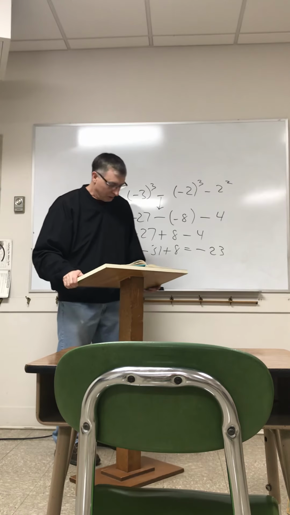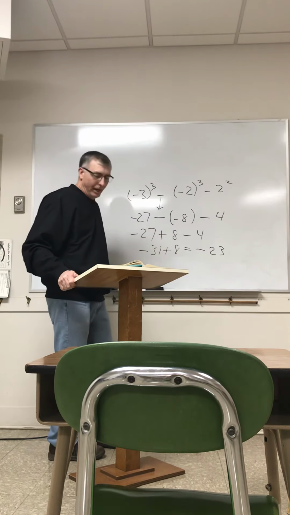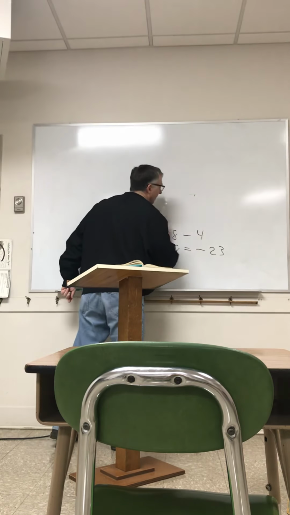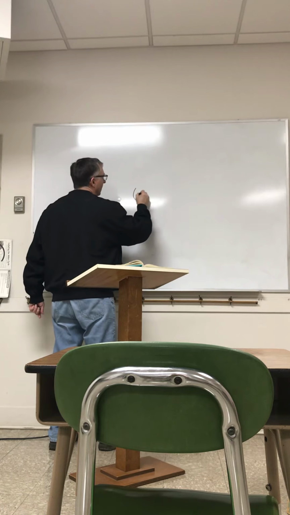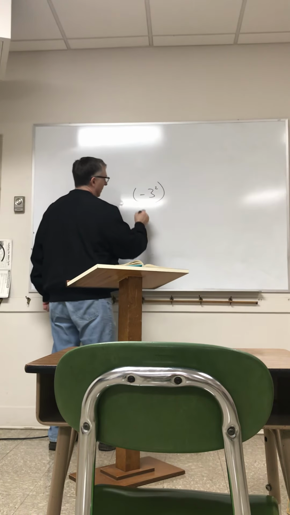One thing I would also add is to make sure you know that they play a trick on you sometimes. There's a problem in here somewhere that looks like this. This is different than this. Notice the placement of the exponent.